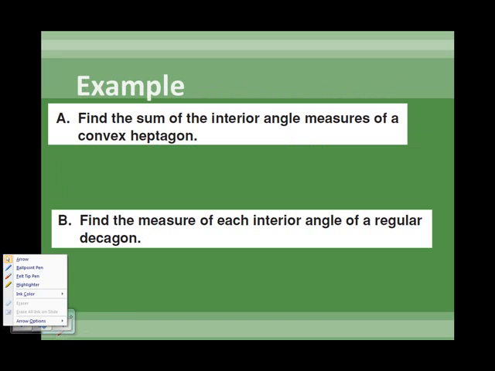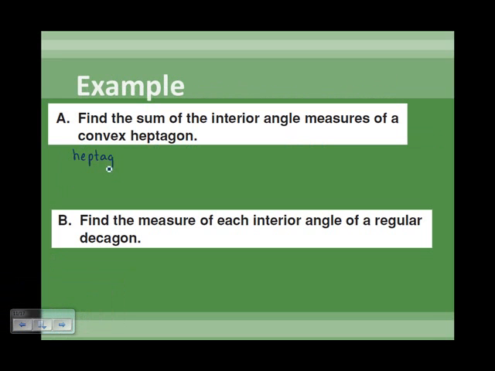So let's use that information to solve a couple of problems here. It says find the sum of the interior angle measures of a convex heptagon. Well, how many sides does a heptagon have? A heptagon is a 7-sided figure. So to find the sum of the interior angle measures of the heptagon, we're going to use (n minus 2) times 180, where n this time is 7.